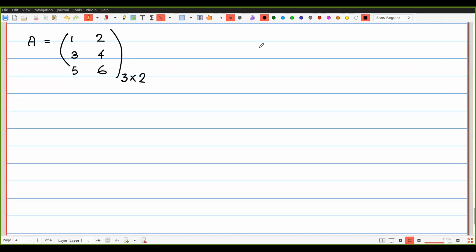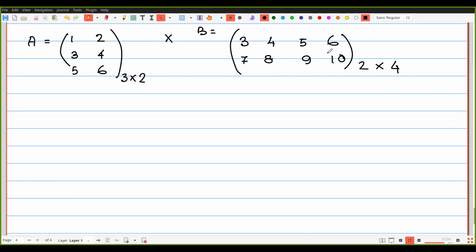Another matrix, suppose B, that is 2 cross 4: 3, 4, 5, 6, 7, 8, 9, 10. So both have different order. What should be the resultant matrix? We know that it must be 3 cross 4.